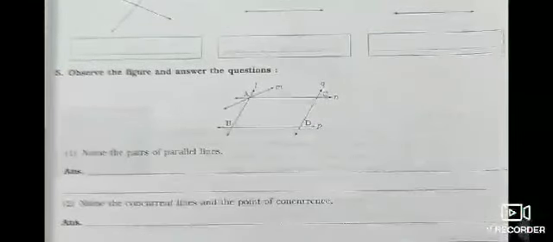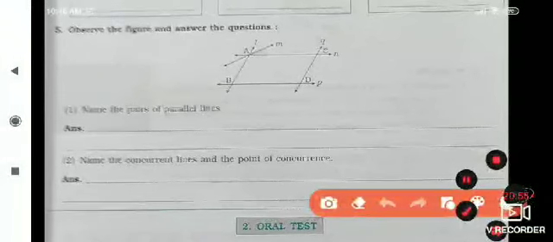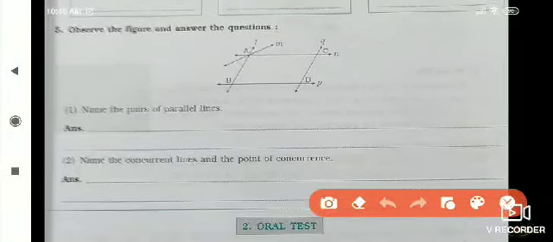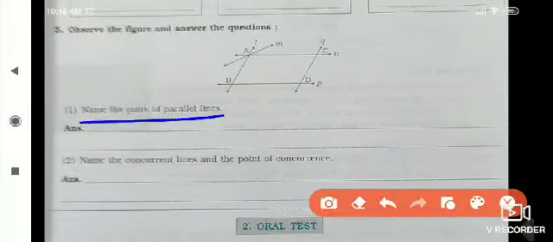Okay, the next question is, observe the figure and answer the following questions. Just now I told you how to solve this, and you also have to draw this figure in your notebook. So, name the pairs of parallel lines. In this figure, which are the parallel lines?